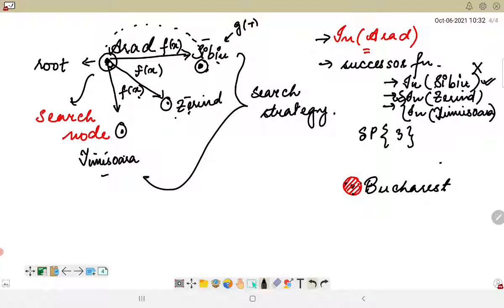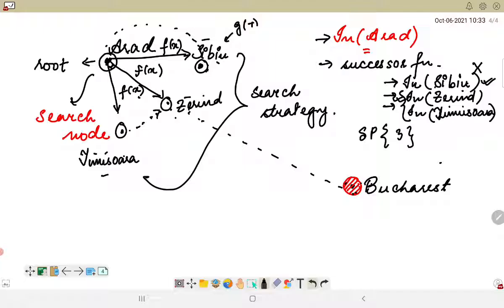However, there might be multiple routes by which I can move from Arad to Bucharest. Let's say from Arad I can move directly to Zerind and then go to Bucharest, right? I can also move from Arad to Timisoara, then to Zerind, and through Zerind I can move to Bucharest, right? So these are 2 different alternative ways.